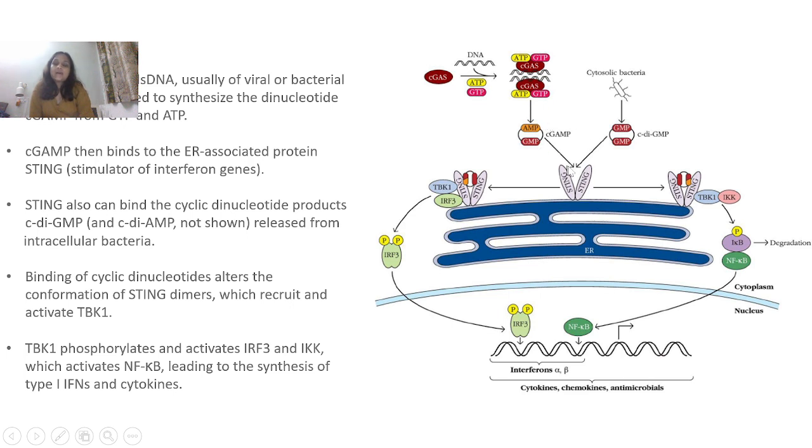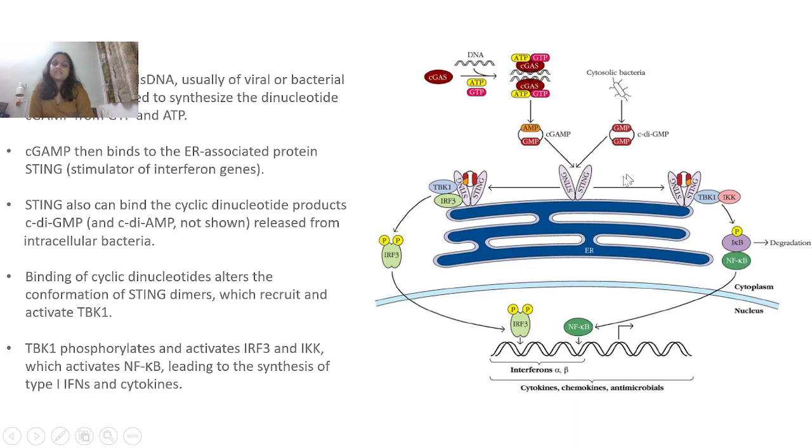Then cGAMP binds to this ER-associated protein STING, stimulator of interferon genes. This STING also binds other cyclic dinucleotide products, c-di-GMP and c-di-AMP, released from intracellular bacteria.